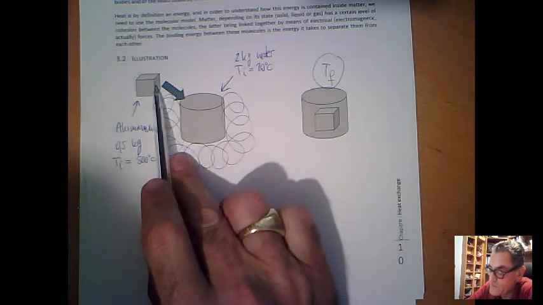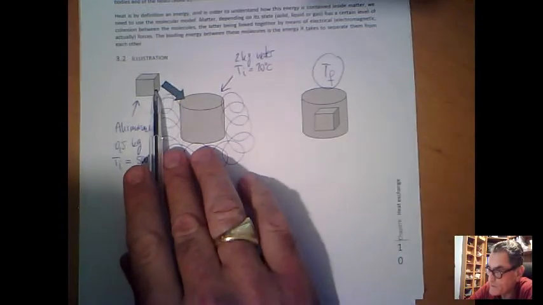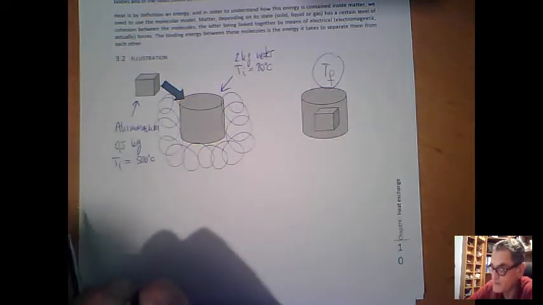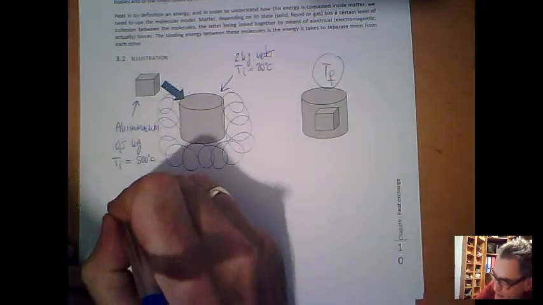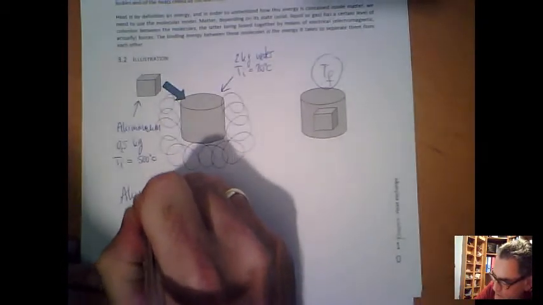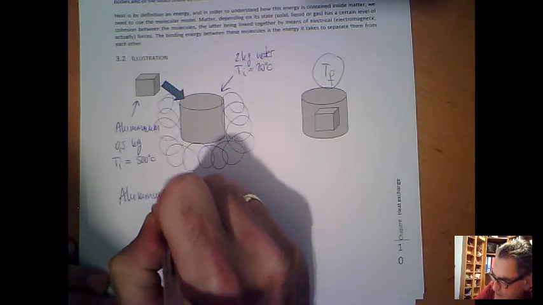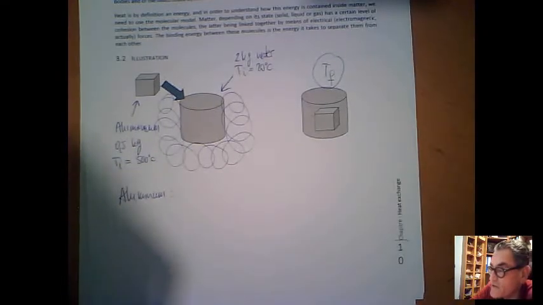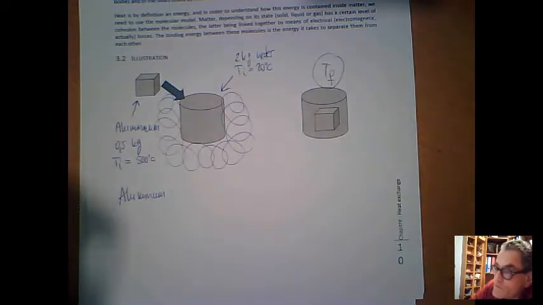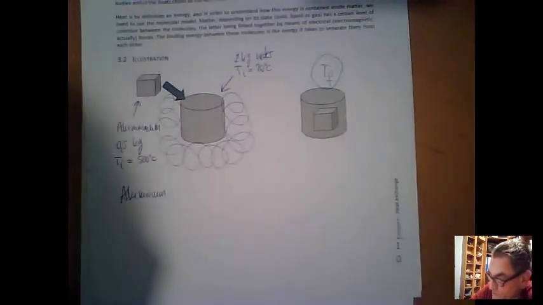The aluminium is going to do what? It's going to give energy to the system, or to take energy from the system. What do you think? Yeah, of course it's going to give energy.